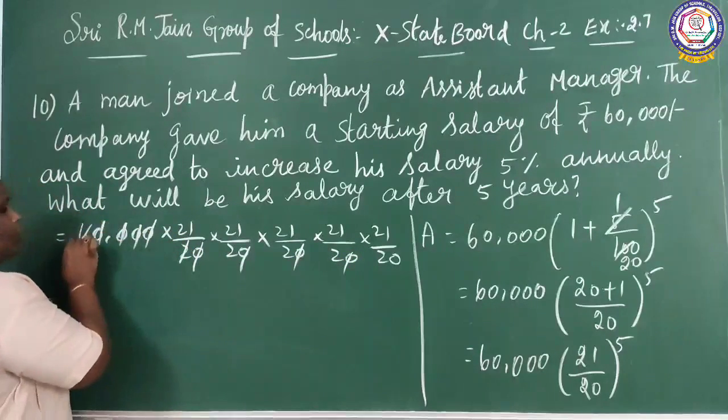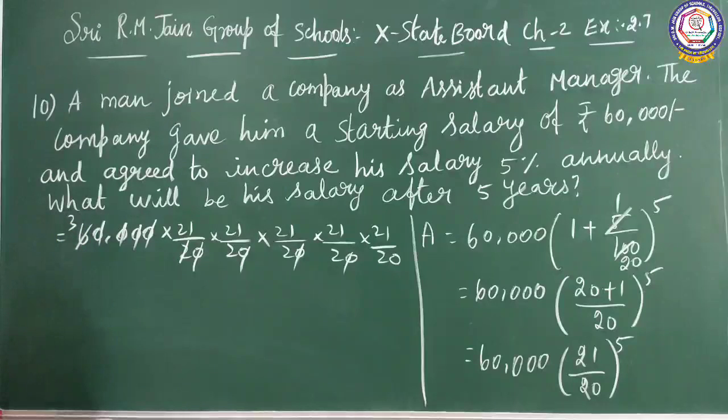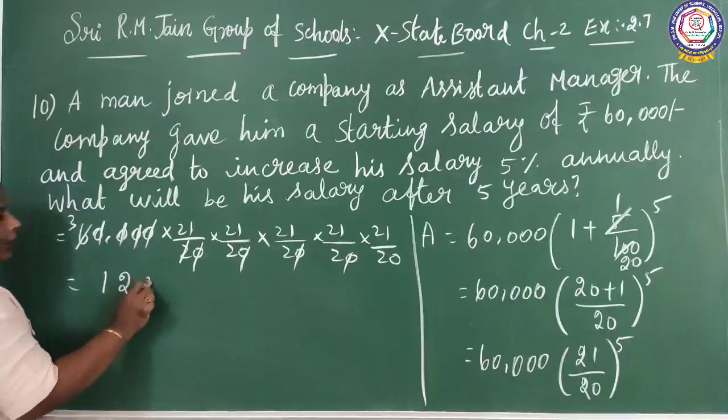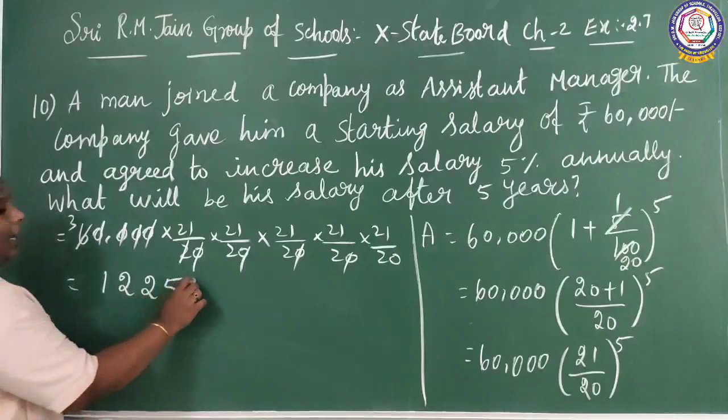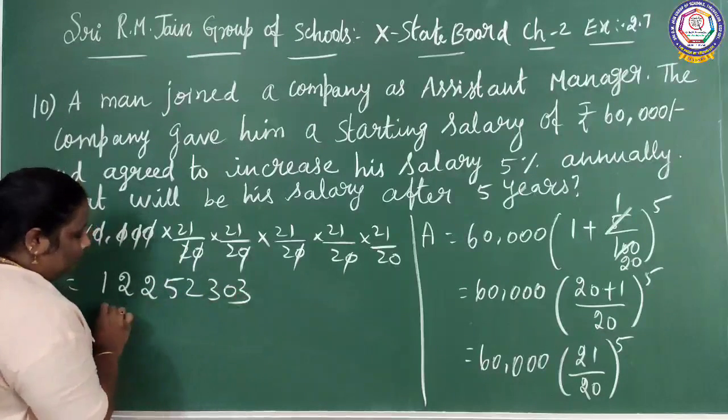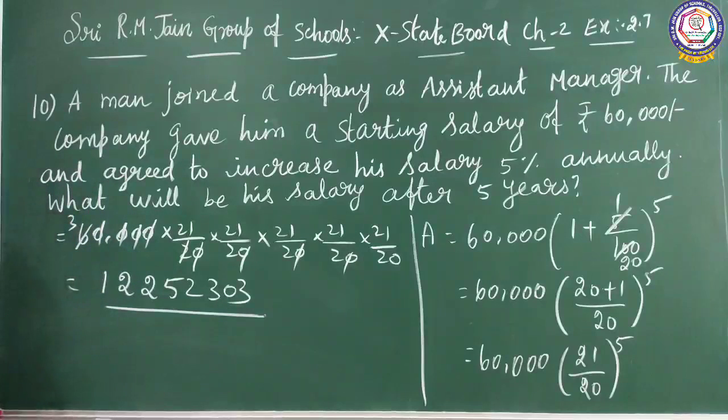What is the remaining thing? You multiply everything. You can do it in your calculator column. You multiply and check the answer also.